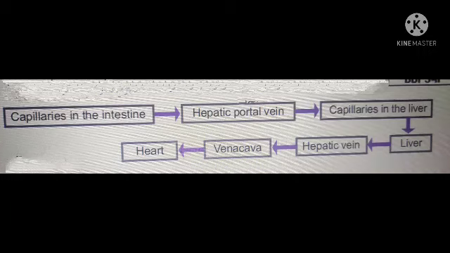Capillaries in the intestine, then to hepatic portal vein, then to capillaries in the liver, then to liver, then to hepatic vein, then to vena cava, and finally the heart.